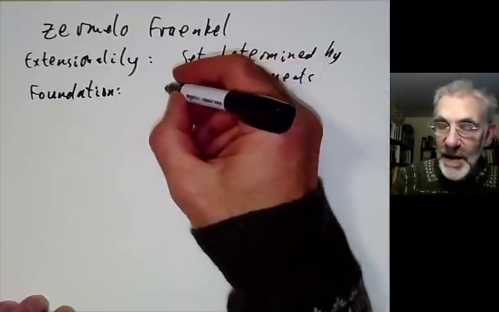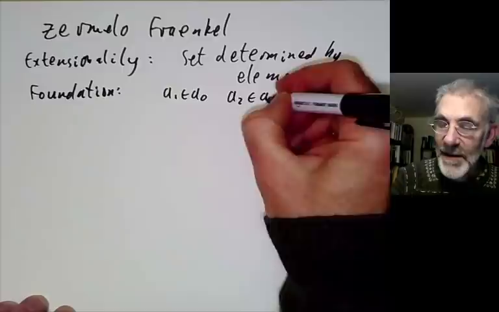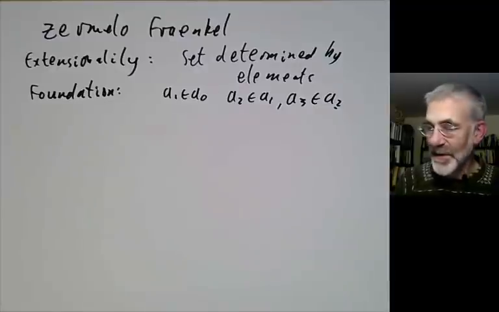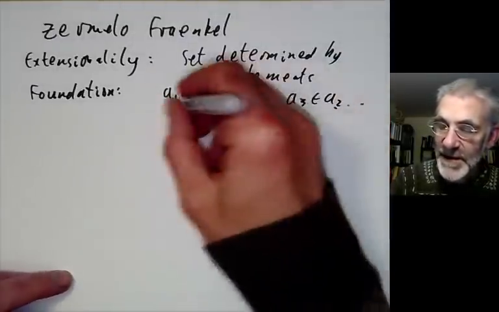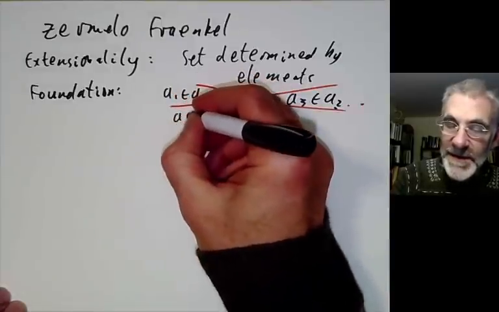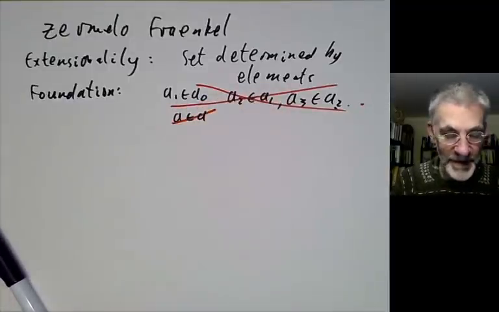So you can't have A1 contained in A0, A2 contained in A1, A3 contained in A2, and so on. So what we're saying is that an infinite sequence like this is not allowed. In particular, this means a set can't be a member of itself, because that would give you an infinite sequence.